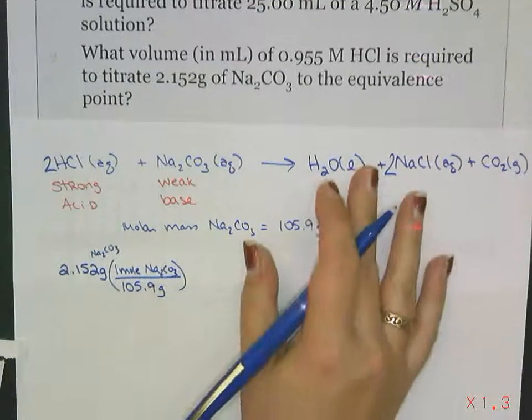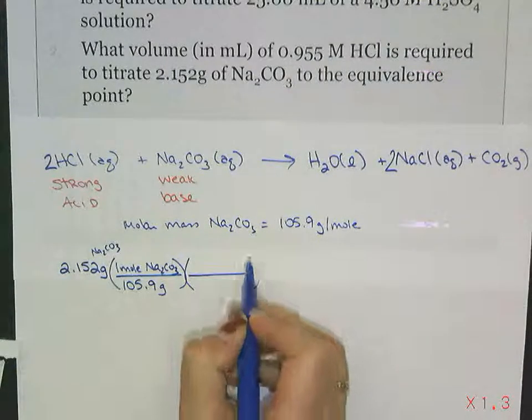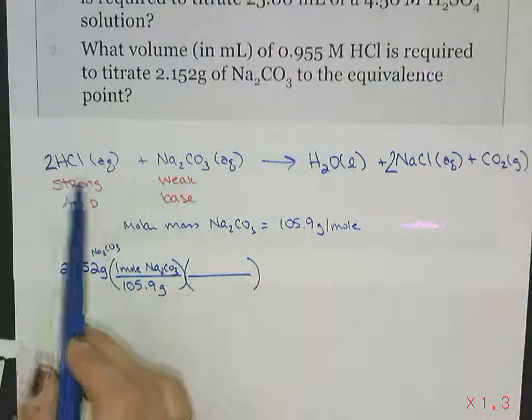All right, so now I'm in moles of sodium carbonate. How do I get to moles of hydrochloric acid? The ratio. Do I put the 2 on the top or on the bottom? So I'm looking at this ratio. Put the 2 on the top.